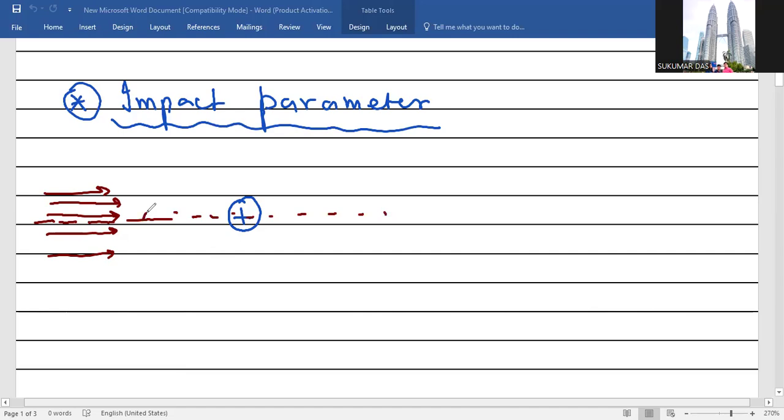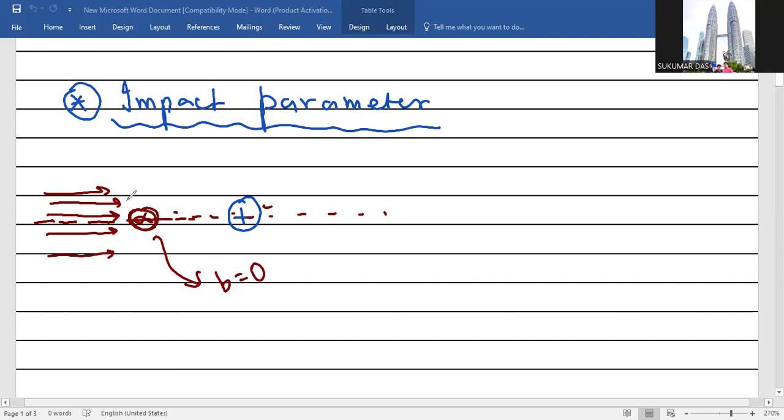So any alpha particle which is following this straight middle line is going to do the head-on collision with the nucleus, and we will say that for this we have impact parameter 0.